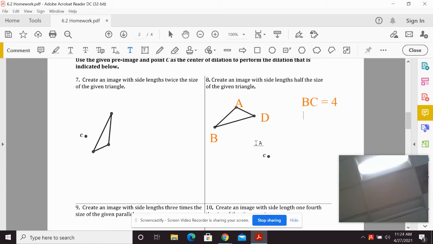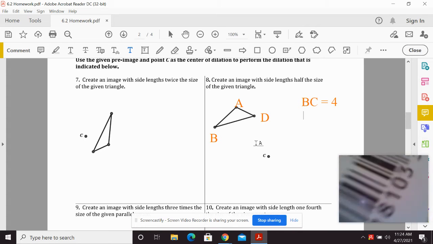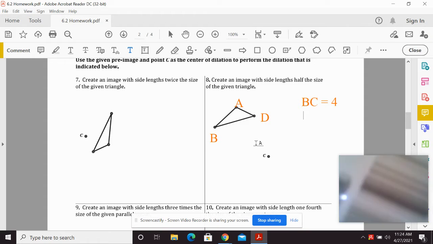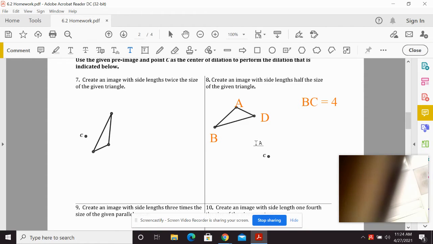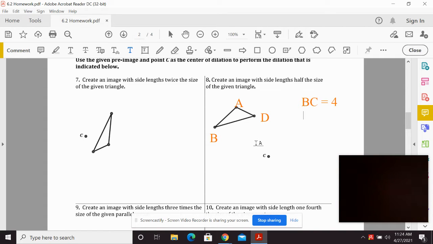Hold on. Measuring from C to D. I get... Oh, I think they tried to make these nice. I get like 1.1. I make it be exactly 1. 1.2. 1.1.